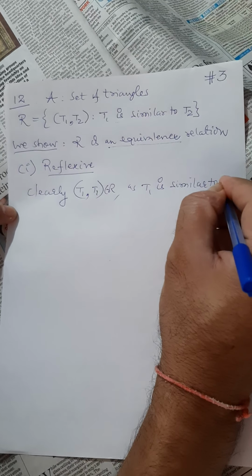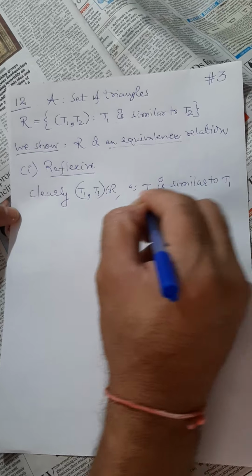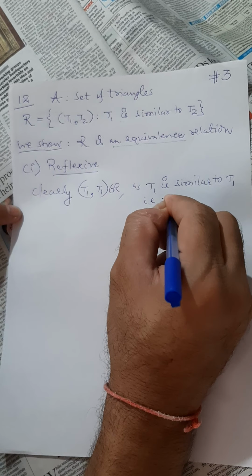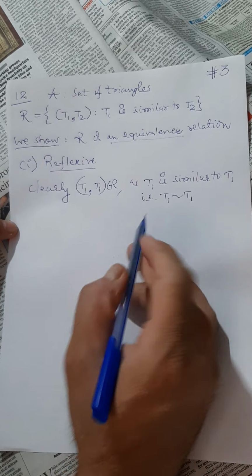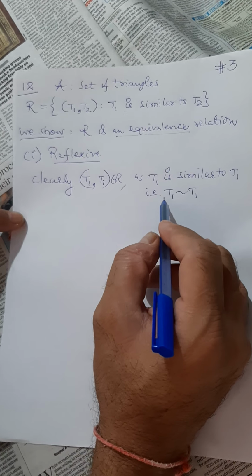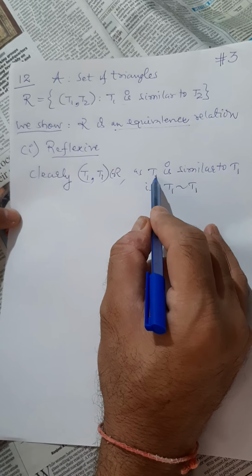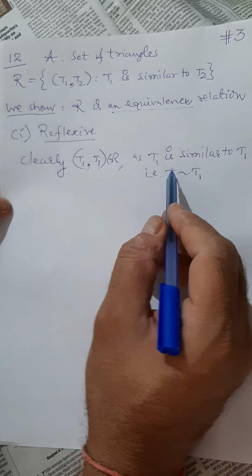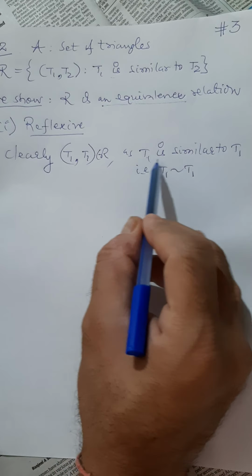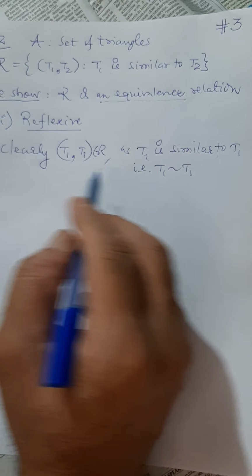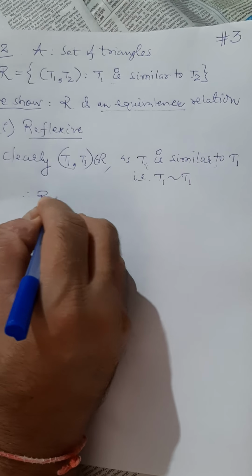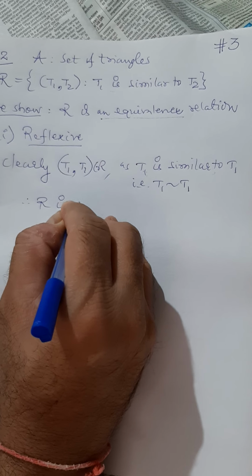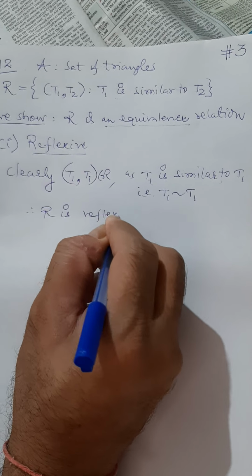You can write symbolically like this if you want: T1 is similar to T1, and this is true for every triangle T1. Every triangle is always similar to itself because they are identical triangles, and identical triangles are always similar triangles. So here R is a reflexive relation.